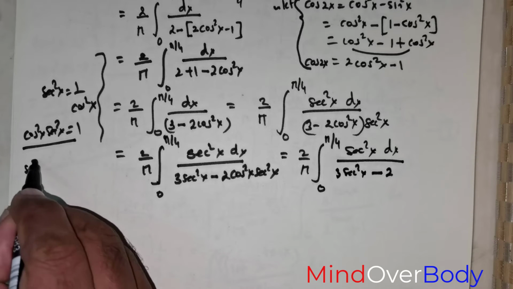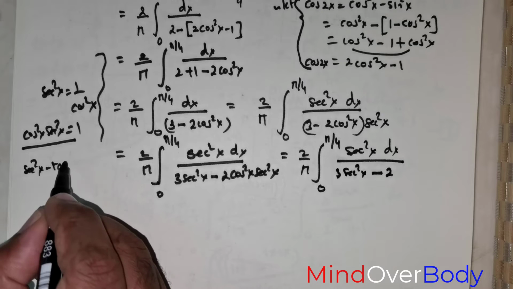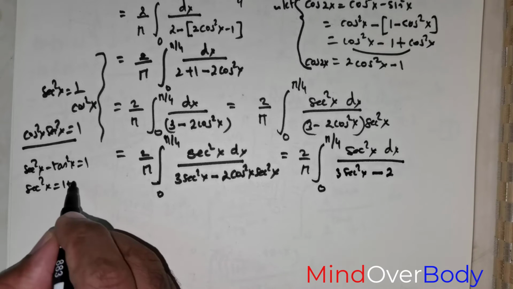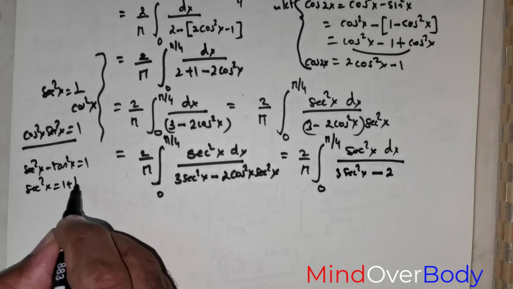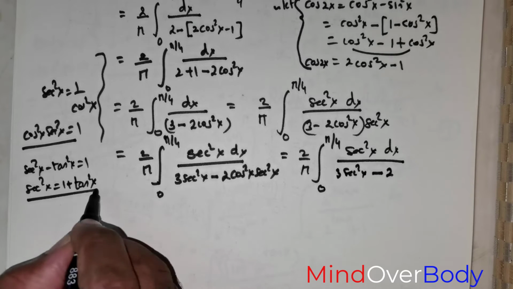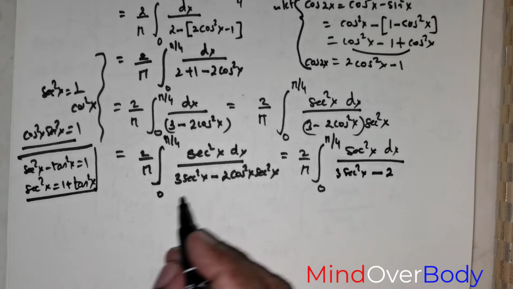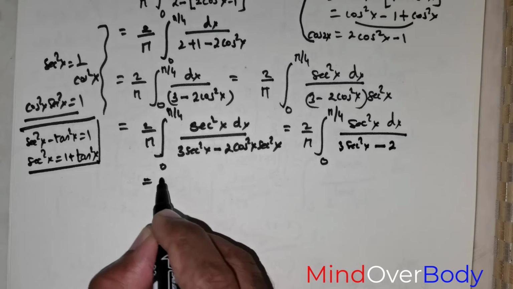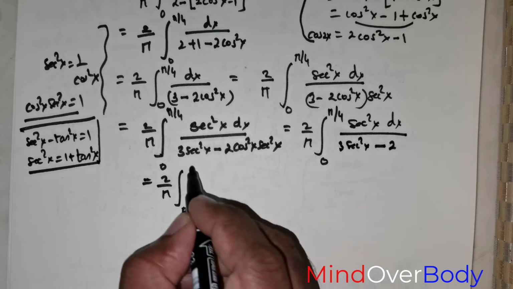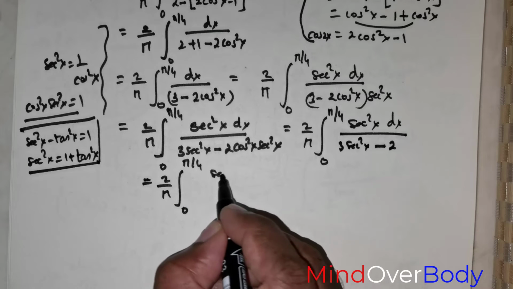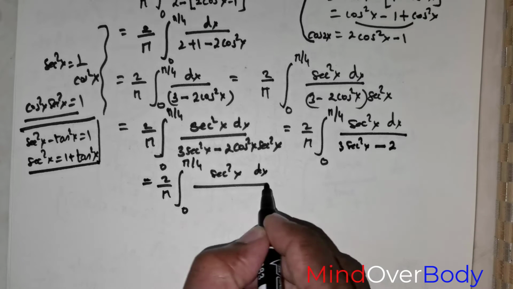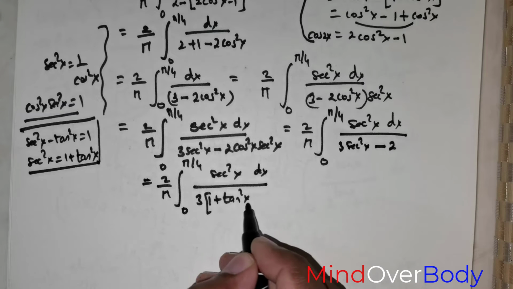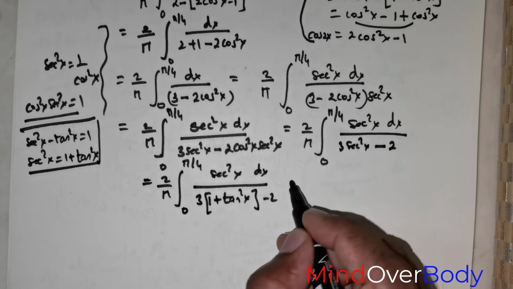Now we know a formula: secant squared x minus tan squared x is equal to 1. So secant squared x is rewritten as 1 plus tan squared x. This is always possible, so I'm going to use this result. So this is 2 over pi, the integral from 0 to pi over 4 of secant squared x dx divided by 3 times (1 plus tan squared x) minus 2.